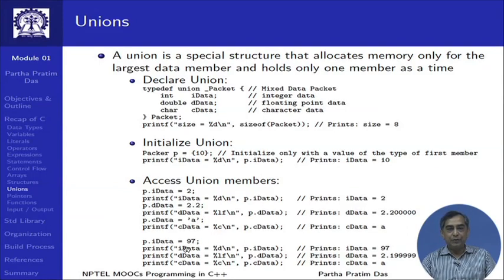Now, in the next part we show an interesting thing. In the I data, the integer part, we assign 97, and then we access the integer data, and obviously 97 is printed. But if without assigning anything we access it as D data, then you get some 2.19999, which is not something very meaningful.